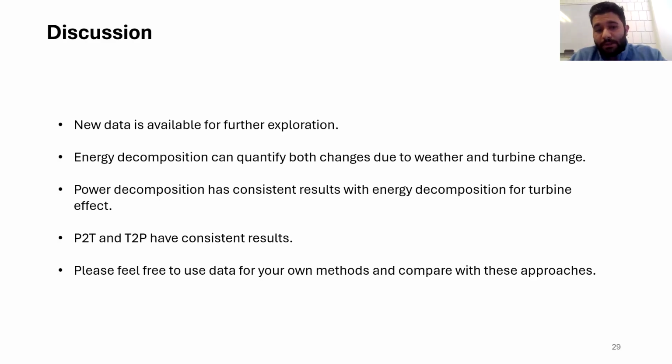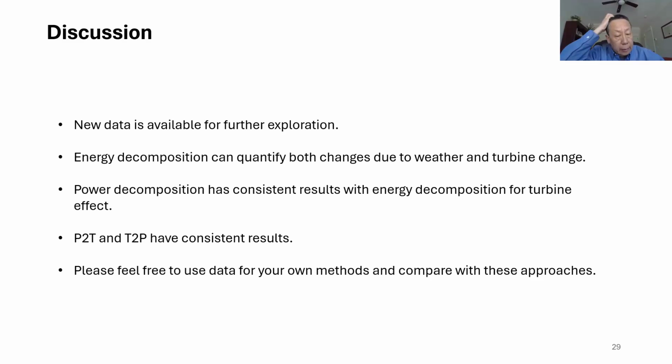And the power decomposition method, approach 1, can only quantify the turbine effect, but it is also consistent with the energy decomposition method. And we also showed the P2T and T2P, which is comparing the change in power production of two turbines over two periods. That's all for today. Thank you for your attention.